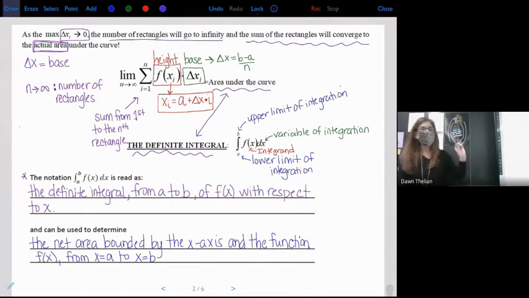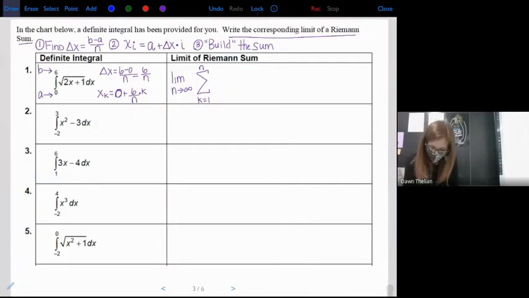The height is my f of x sub i, or f of x sub k, then times delta x. So the function this time is the square root of 2x plus 1. That's my f of x. So instead of an x, I'm going to be plugging in, and I really don't have to write 0 plus, right? So let's simplify this x sub k.